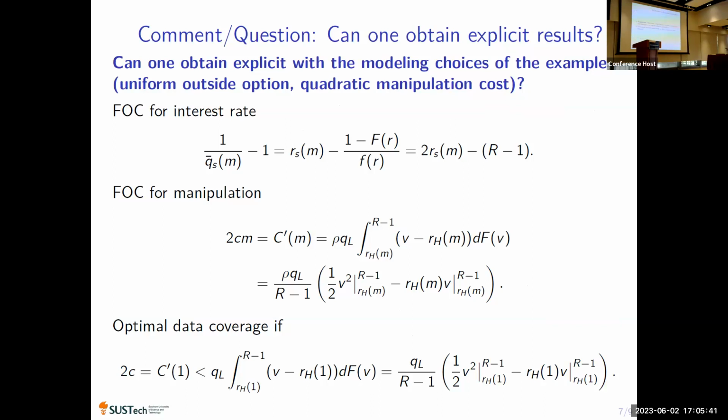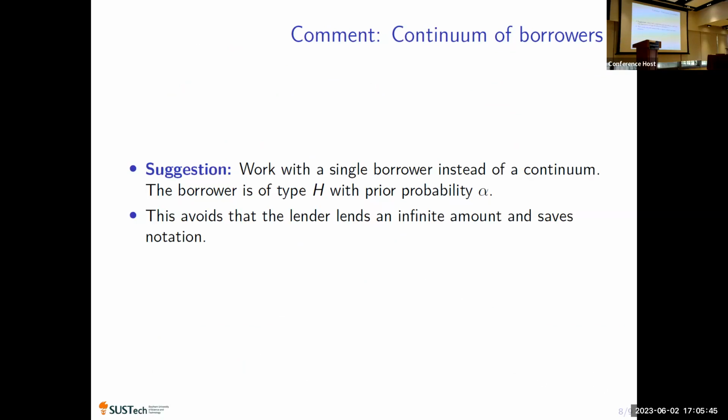And as a final comment, I would maybe suggest working with a single borrower instead of a continuum, which avoids having a lender that needs to lend out to an infinite amount of borrowers. You could just have one borrower with probability alpha of being high type, and one minus alpha of being low type.